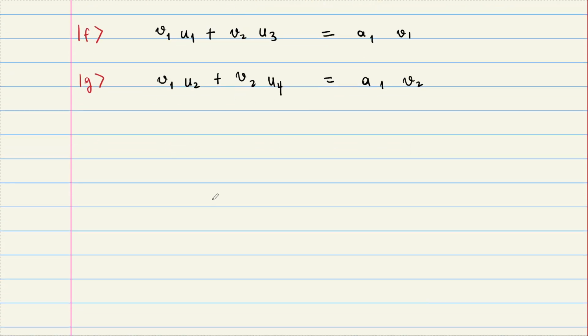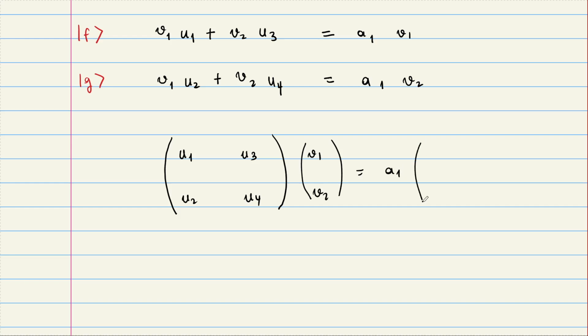Now I want to rewrite this equation in a nicer form. You can see I can write U1, U3, U2, U4 as a matrix multiplying V1, V2, which is equal to A1 times V1, V2.